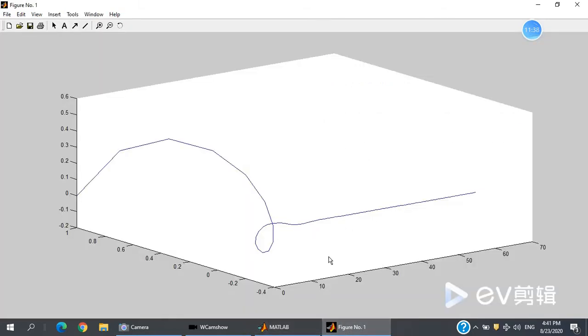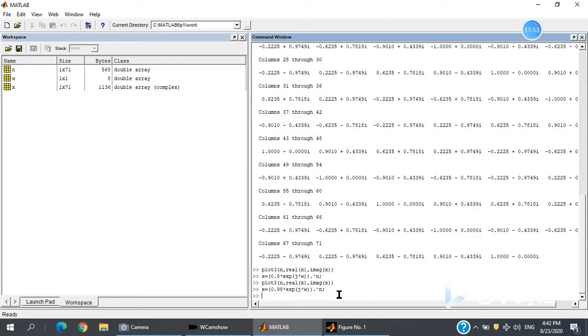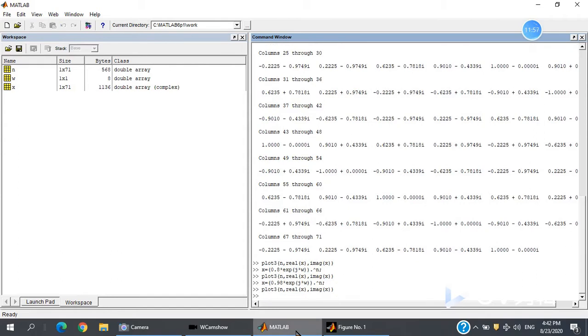Oh, it turns around and tends to be 0 too fast. Okay, then I use a larger rho. This 0.8, I use 0.98. Might be too large, but anyway, we just try. Okay, this is x. Then a 3-dimensional plot.